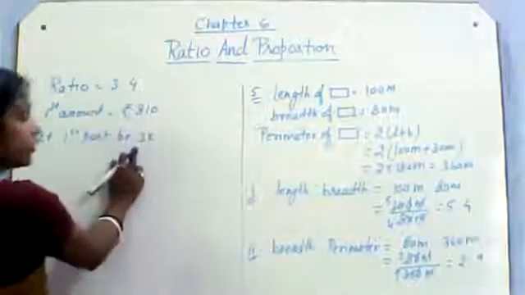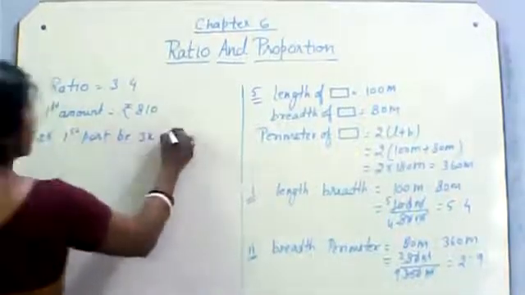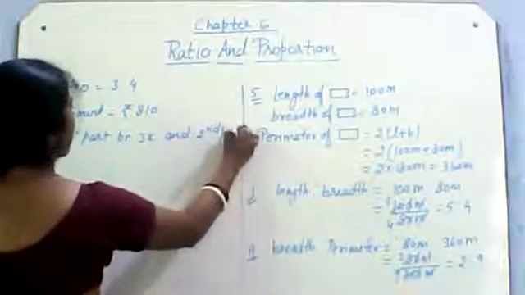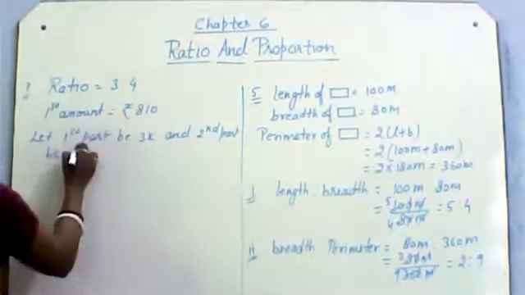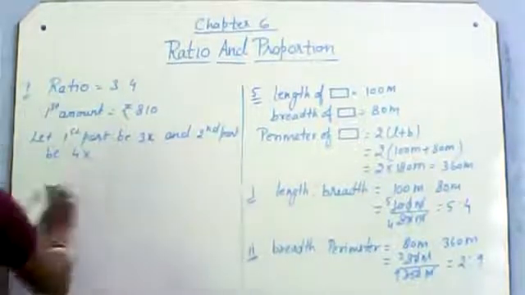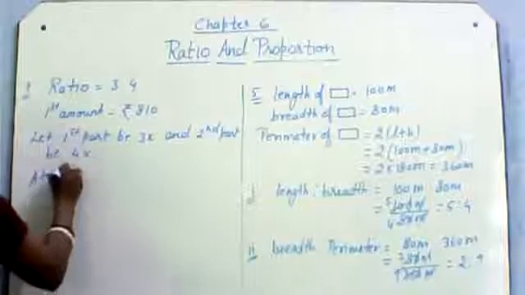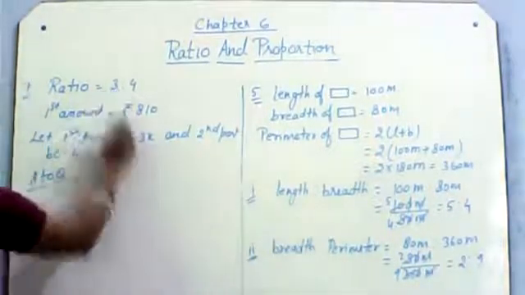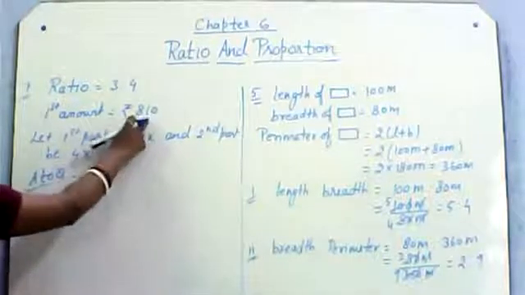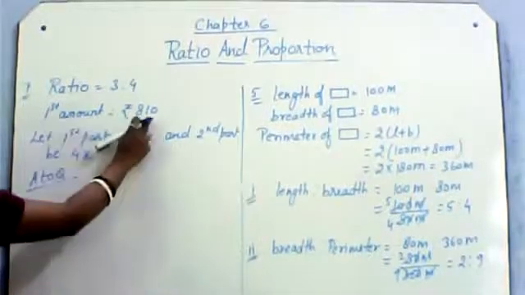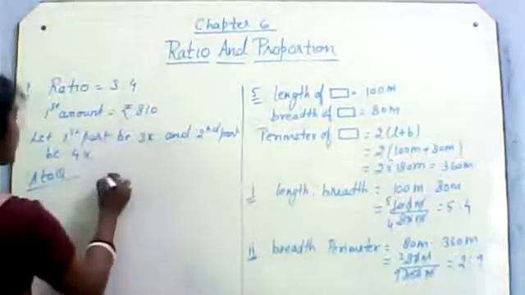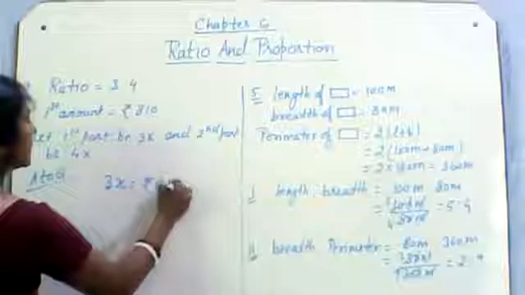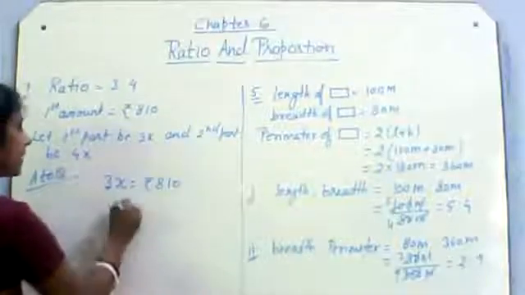So you assume first part be 3x and second part be, here 4 given, 4x. Now according to question, that 3x equal to 810. In question it is given, first amount is 810. Okay. So write it according to question, 3x equal to rupees 810.